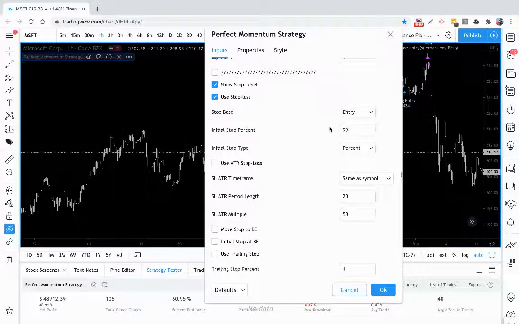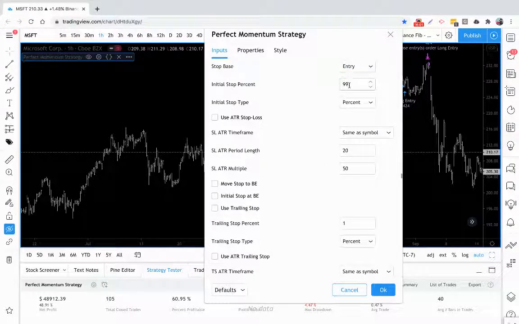Then you have your standard stop loss options. You can do stop loss from your entry or previous high and low. You can define that by any fixed percent to the 100%. You can use ticks or pips. You have an average true range stop loss, which has a multi-time frame. You can define any length or multiple to the 100%.